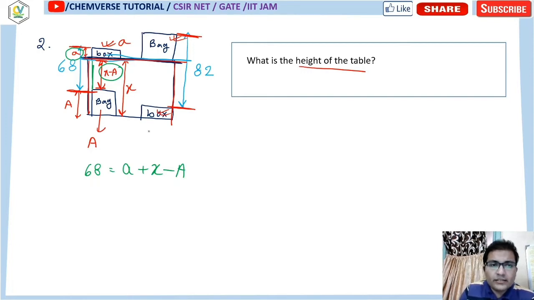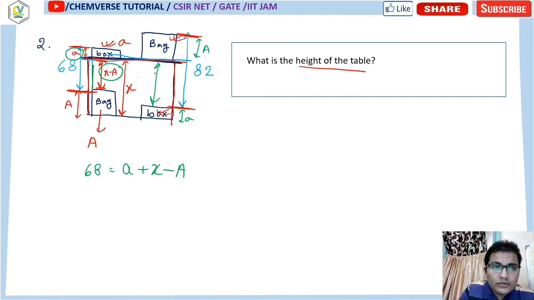Now another equation I can form over here, that this height is small a, the height of the box, and this height is capital A. So this gap is basically x minus small a. Okay, I am writing it in a different ink so that you can understand.